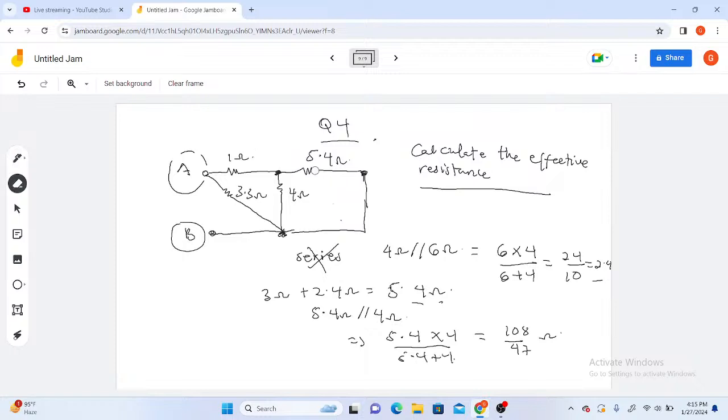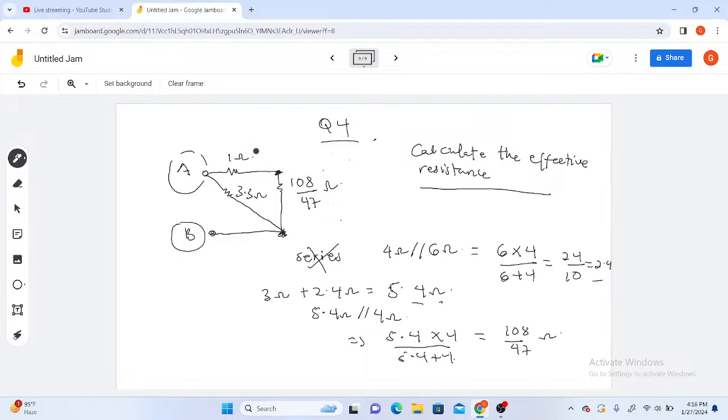So I'm to clean the branch once again. This whole branch is going right now. I'm left with this. So the 4 ohm will also go, and I'll replace it with 108 over 47 ohms. Right.